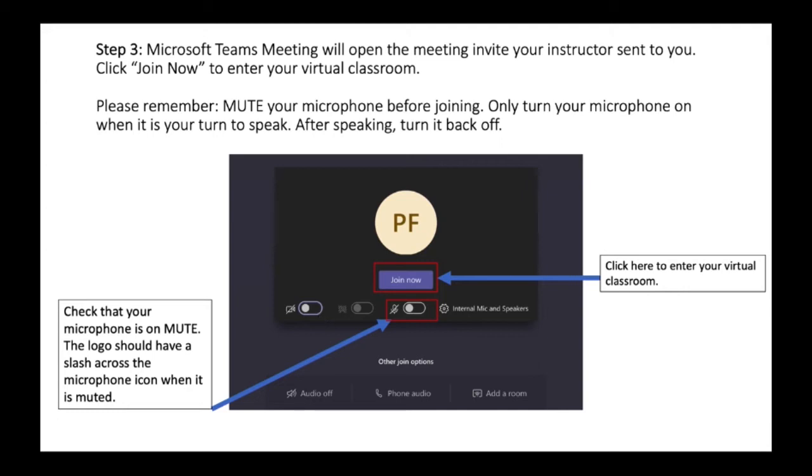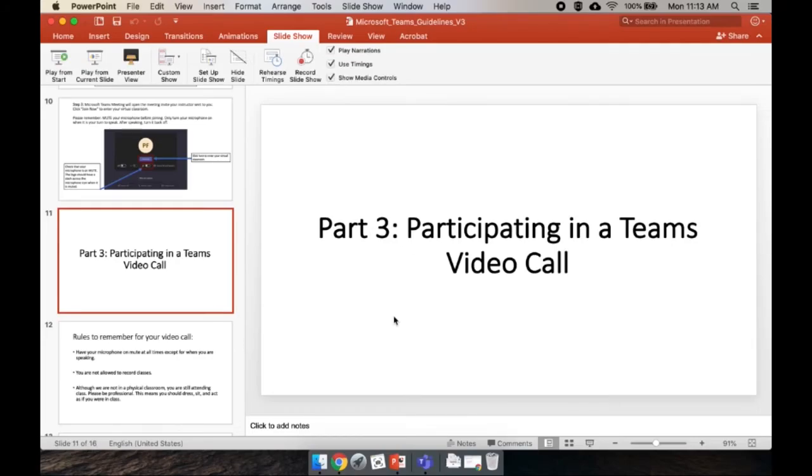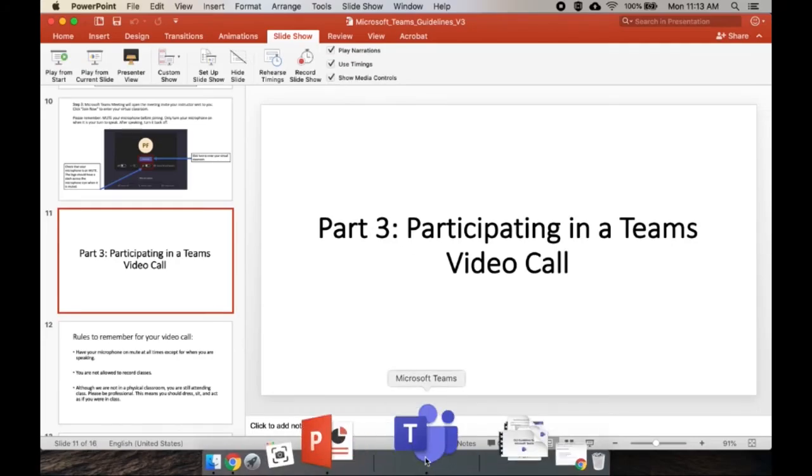If you don't have a camera on your laptop, that's fine too. And there is this microphone button, and that is to either mute or unmute your microphone. So please check that your microphone is always on mute. This should always be on mute unless you're speaking. So I'll show you how that works.